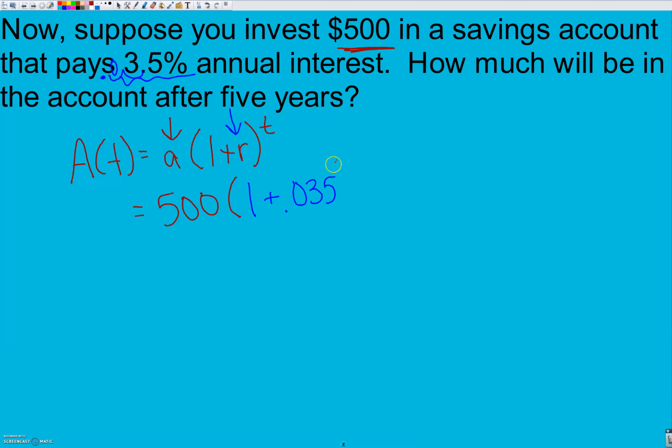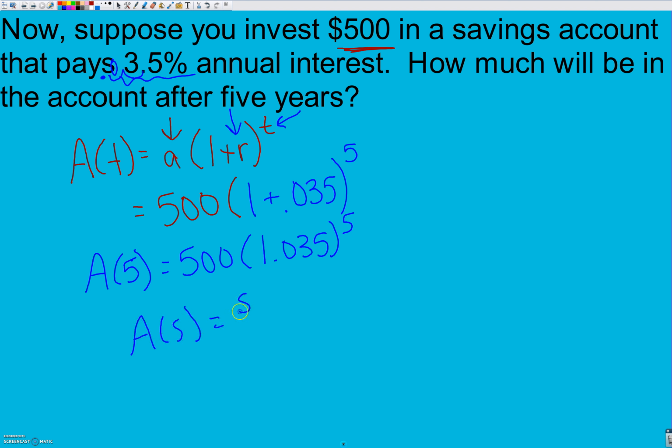Okay, 0.035. And how much will be in the account after 5 years? 5 is t. So A of t, or A of 5, equals 500 times 1.035 raised to the 5th power. And here we are going to get $593.84.